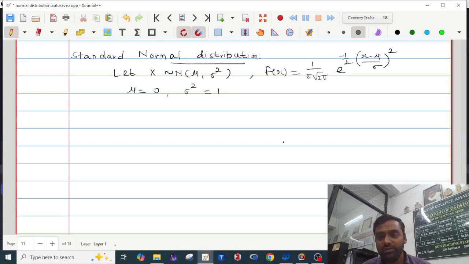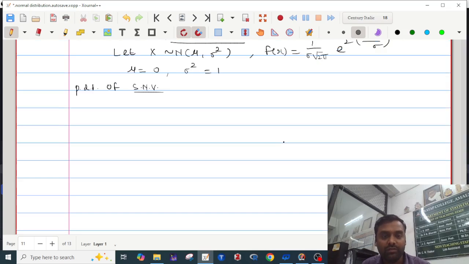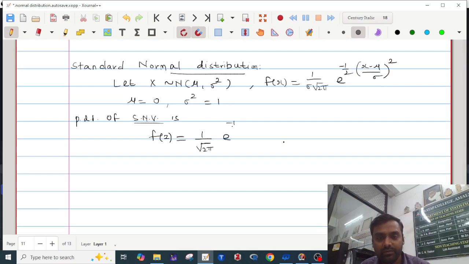If you put the value of mu equal to 0 and sigma square equal to 1, then it is in short called SNV, standard normal variate. We call this f of z equals 1 upon under root 2 pi e raised to minus 1 half z square. So this is the PDF of standard normal variable.